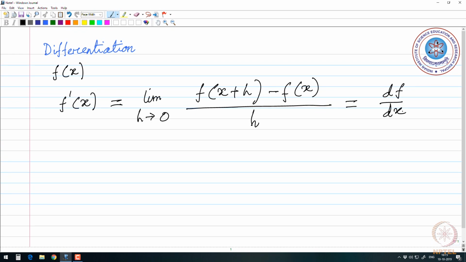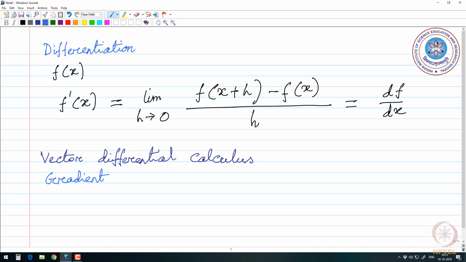Now if we are interested in vector differential calculus, then the simplest operation would be the gradient of a scalar field, that becomes a vector. How do we define gradient?